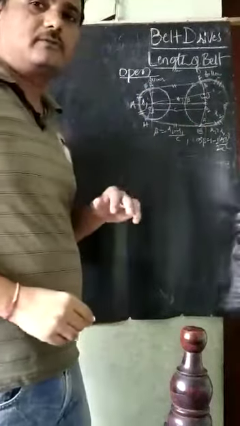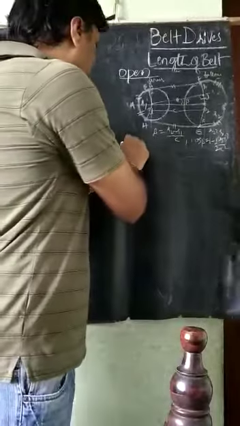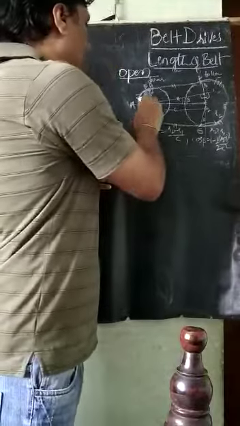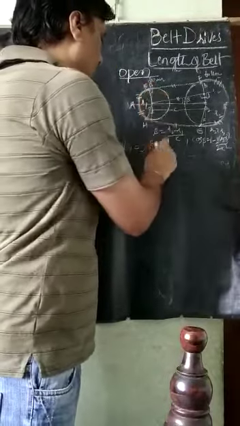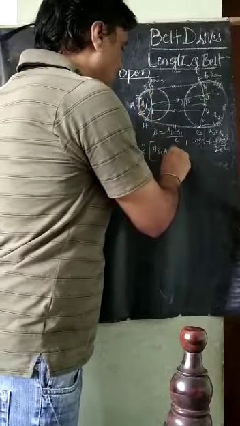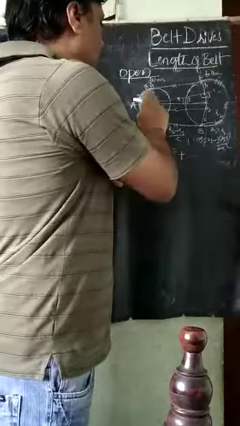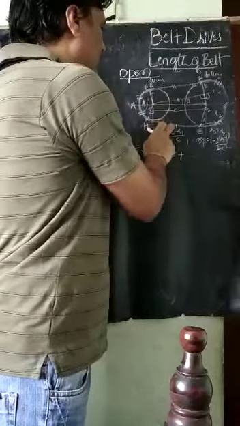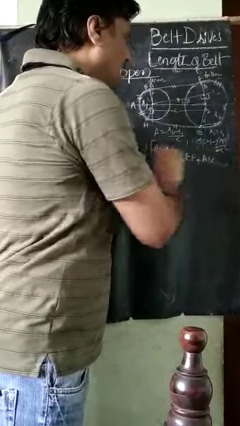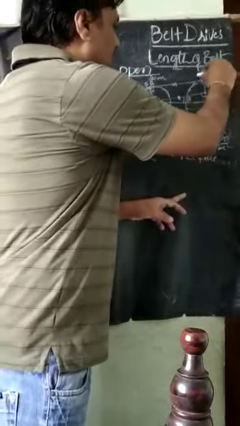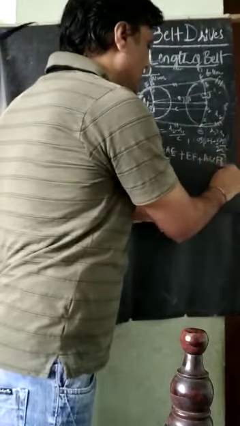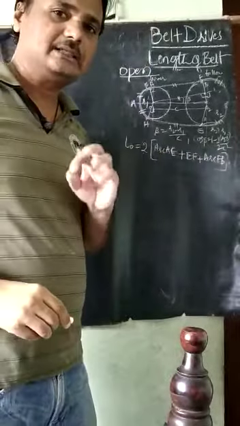So the length of the belt, L0, is 2 times the arc AE plus 2 times EF, because both sides are there, plus 2 times the arc FB. 2 times is already taken out. This is the equation for the length of the belt.